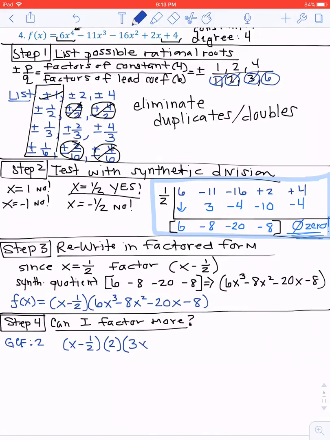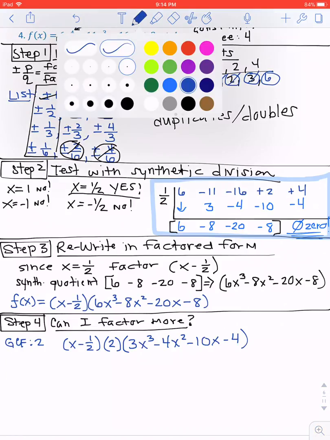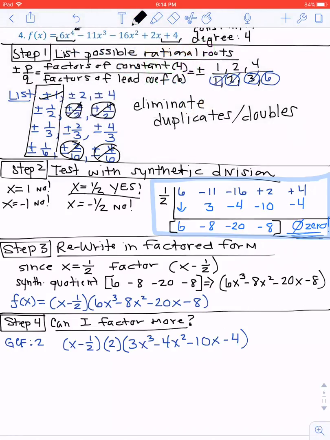So we have 3x cubed minus 4x squared minus 10x minus 4. So I divided all those terms by 2 and factored a 2 out of those. All right, you still have a cubic polynomial. So not only can you do that, but you can factor it even more.